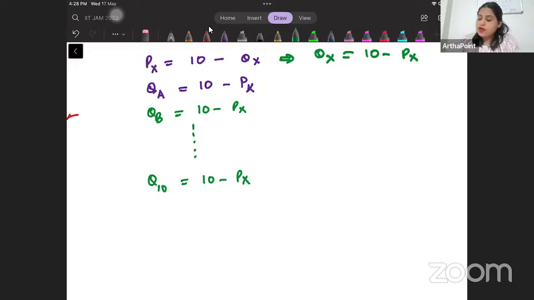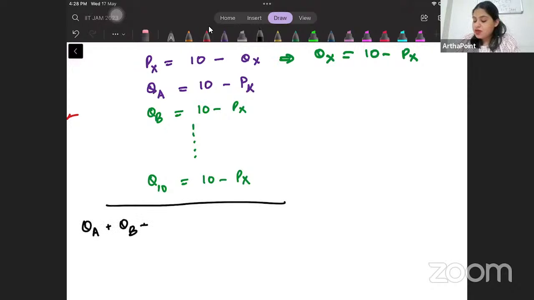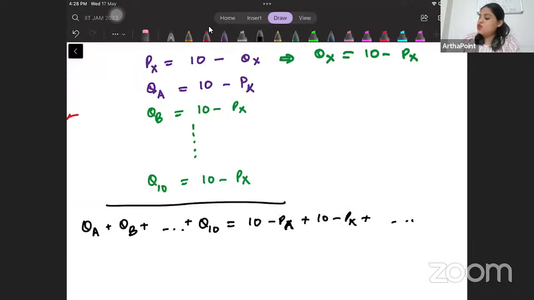Of the quantities, sorry. So we know that quantity of A plus quantity of B till the 10th individual, there are 10 individuals, will be 10 minus Px plus 10 minus Px and so on till 10 minus Px. तो बेटा ये हो जाएगा 100 minus 10 Px और ये हो जाएगी market demand.